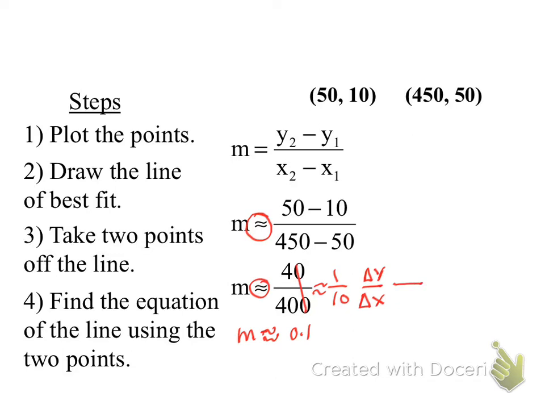And the change in the y on this is, the y really we were talking about lifespan, right? And in the x, what were we talking about? The brain size. So when you get 1/10, when I ask you to identify the slope, it's 1/10.